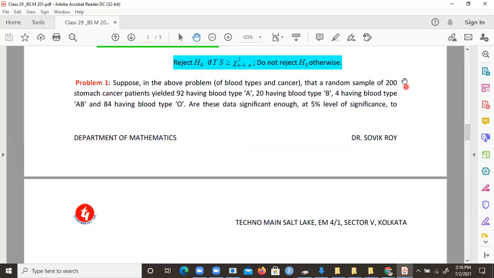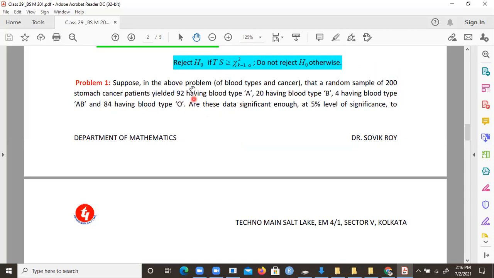They have collected stomach cancer patients from here and there, and they are studying their blood types because they are interested in knowing the relation of blood types with stomach cancer.